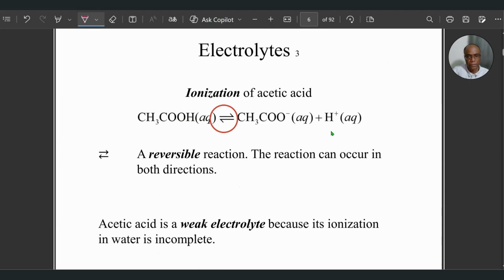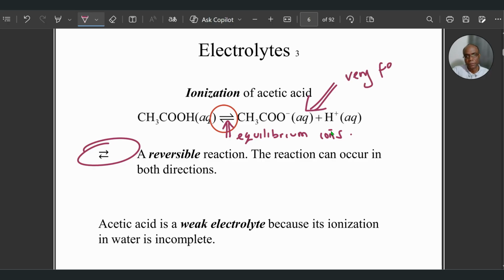Like I said, you use equilibrium arrows because of partial ionization. It's reversible. Therefore, if the reaction is reversible, you're going to have very few ions formed in solution.